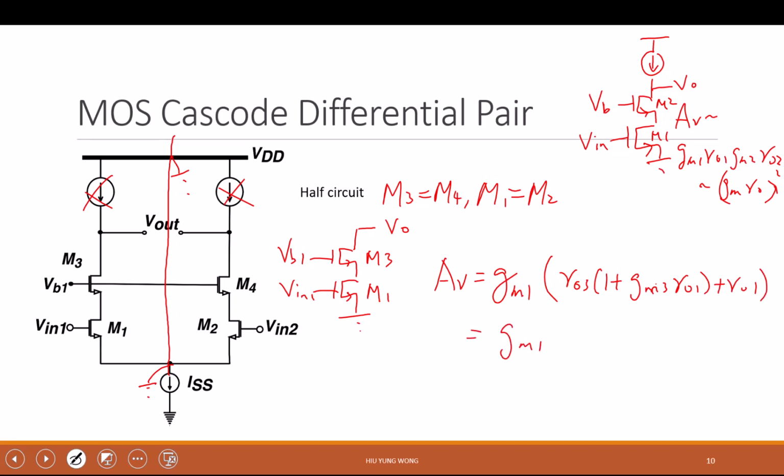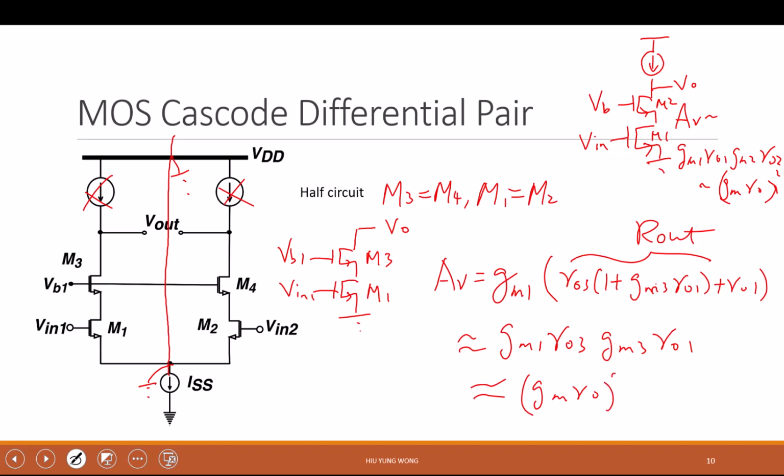This is just GM1 approximately equal to. If you forgot, this is so-called R out. The R out of a Cascode circuit is like the degeneration, right? So you have RO3, GM3, RO1, which is approximately equal to GM RO squared. So you did not learn anything new here, actually. It's just that I show you that we can have a Cascode differential pair, and that's it.